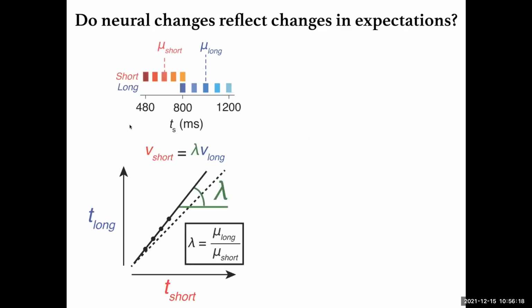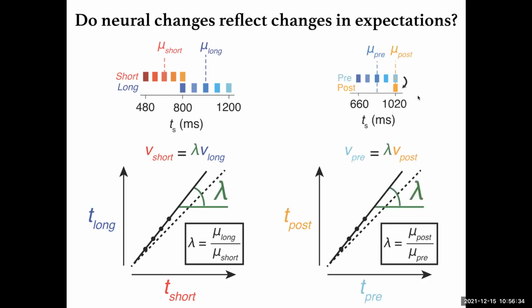So I'm going to use the exact same temporal mapping method that I used before. In the first experiment, we had 2 different distributions, each with a different mean, and we expected the slope of this mapping to be equal to the ratio of the 2 means. So now in the adaptation, we again have a different mean for pre and post transition.